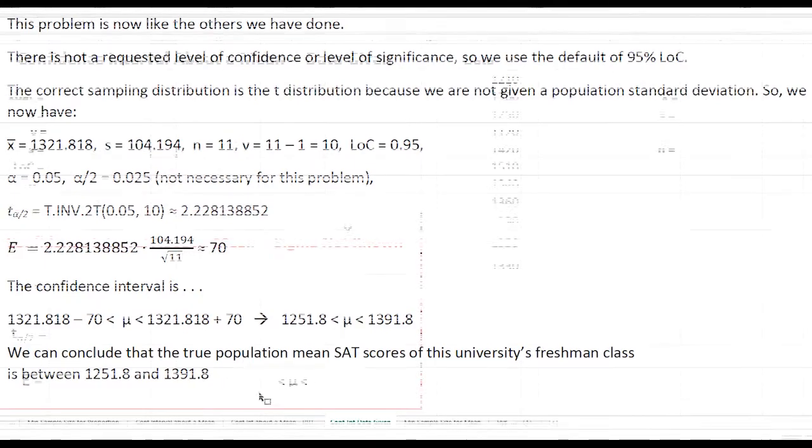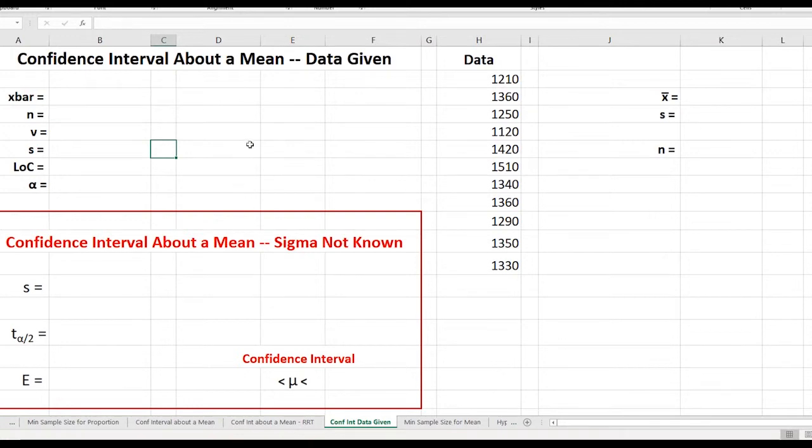Let's go to a spreadsheet. Here I have a spreadsheet that's set up especially for this particular type of problem. I listed my data here, 1210, 1360, 1250, and so on. And you can check in the problem to make sure that that's all right.